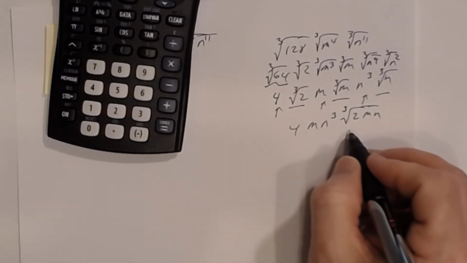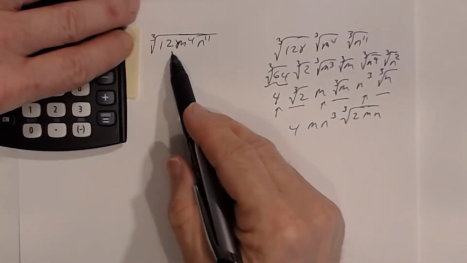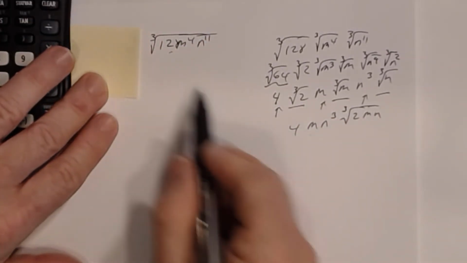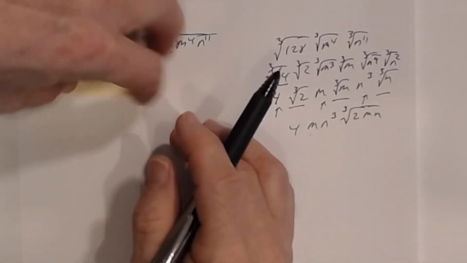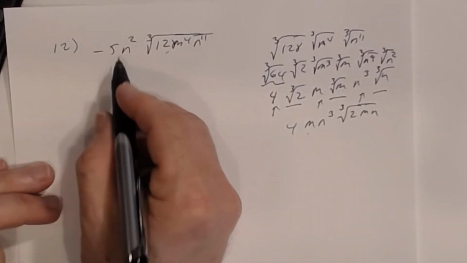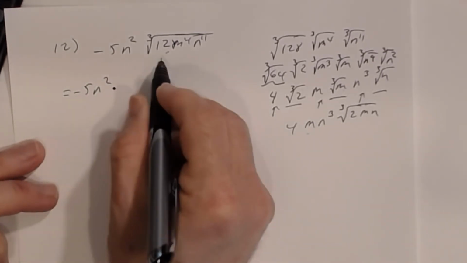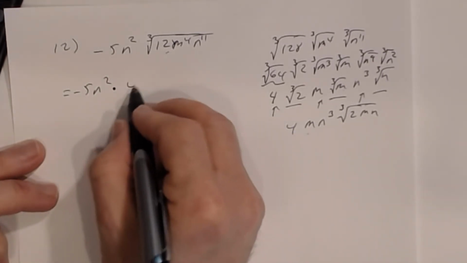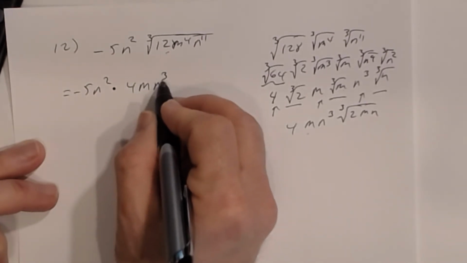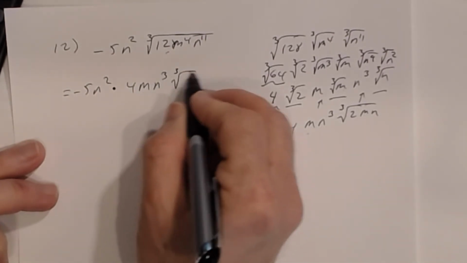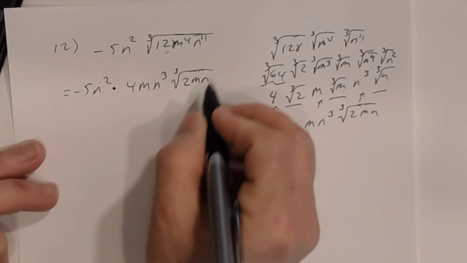That goes here now. So I'm going to take this piece off now. I'm going to rewrite this: negative 5n squared times 4mn cubed times the cube root of 2mn.